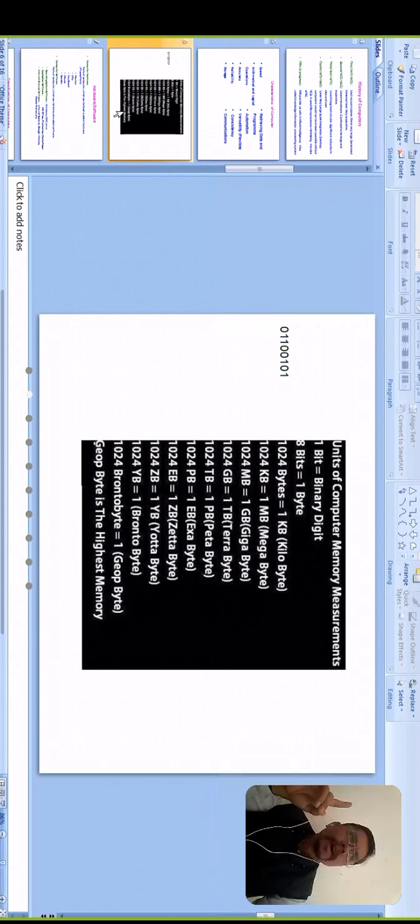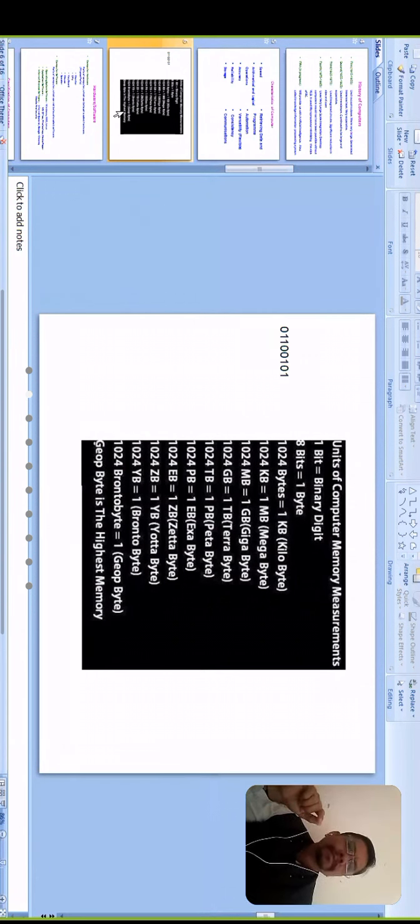The question is, I have to write 3 words in the computer. How much memory will it take?